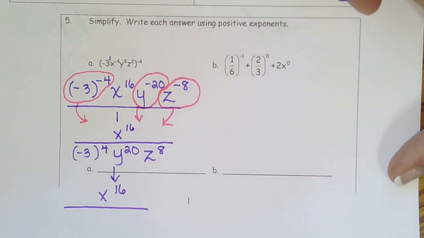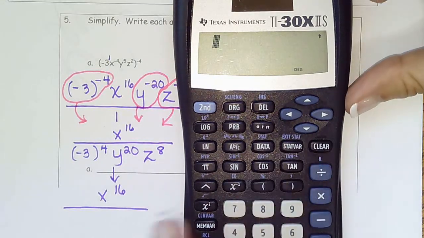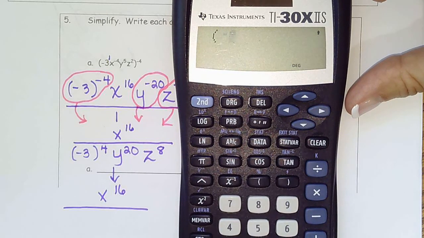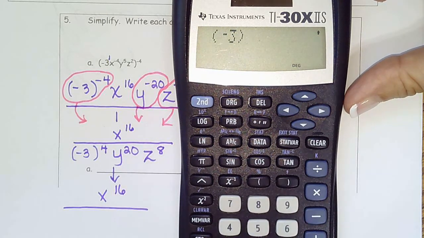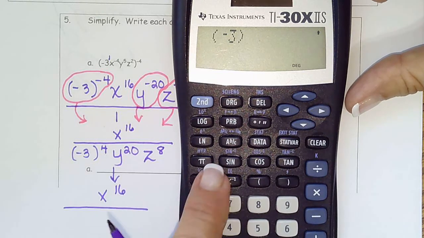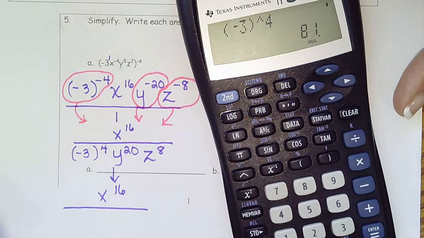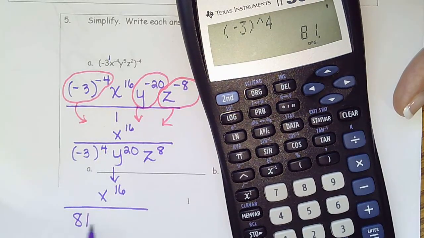This one, let's practice on the calculator, make sure everybody's good with that. So you would just do parentheses, -3, close your parentheses, and caret to the 4th power. So that is 81, y to the 20, z to the 8.